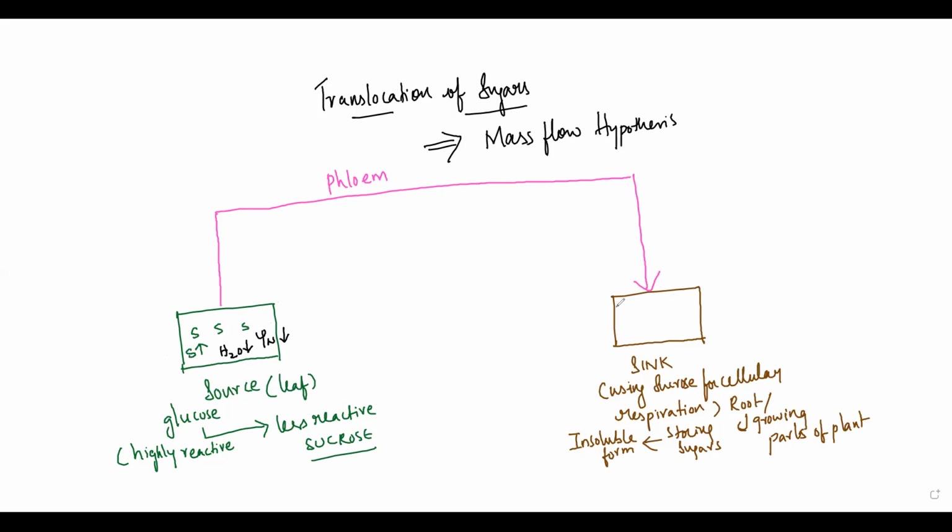Now, towards the sink side, the sucroses are actively being used for the cellular respiration process. So the sucrose levels are going to be less, whereas the water concentration will be more. Therefore, obviously, the water potential is also going to be more. This is the condition here.